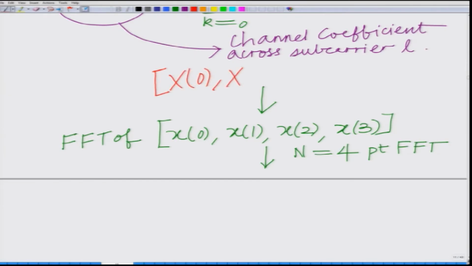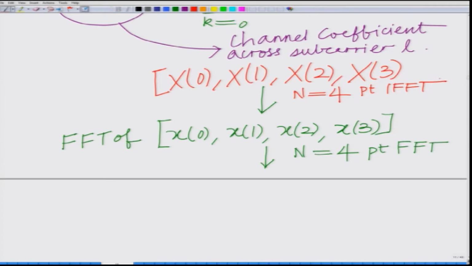Remember where we started from: we started with x0, x1, x2, x3, and we did the n equal to 4 point IFFT to get the samples. So, these are your symbols and these are your samples. Remember the way we started with in this OFDM, we considered the symbols, the capital X's, and we performed the IFFT to get the samples, that is small x's.